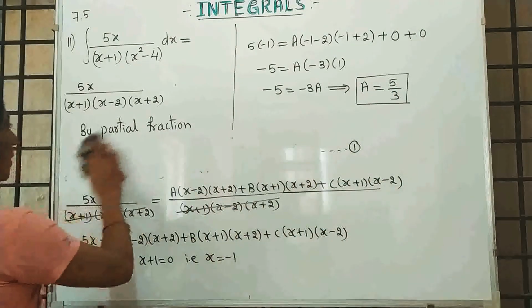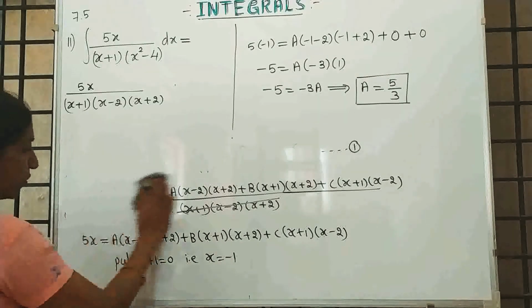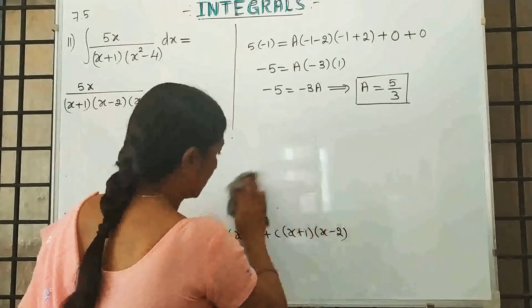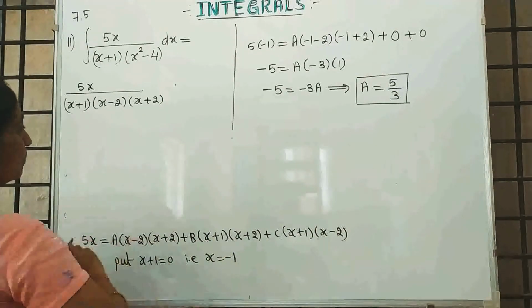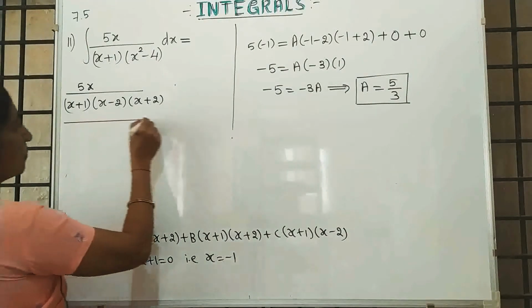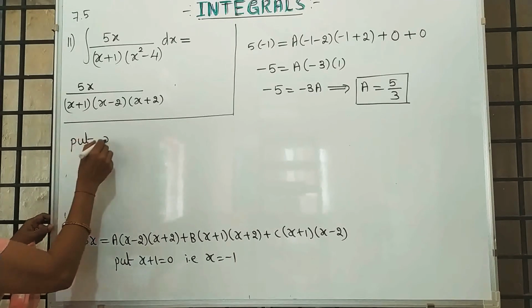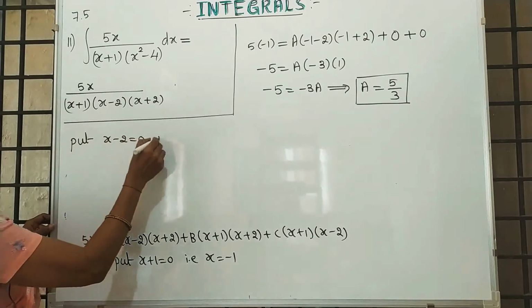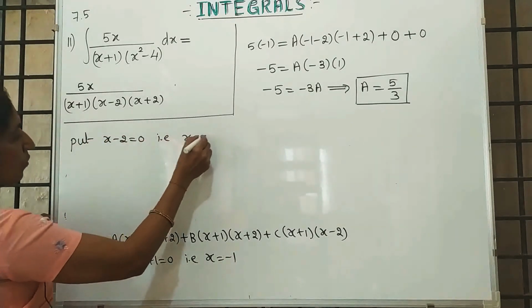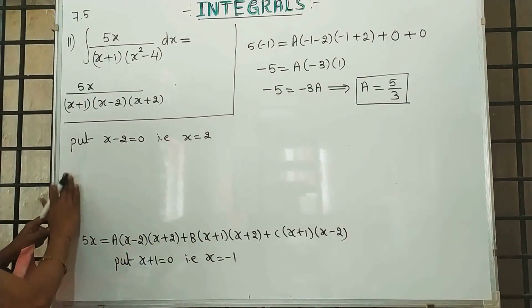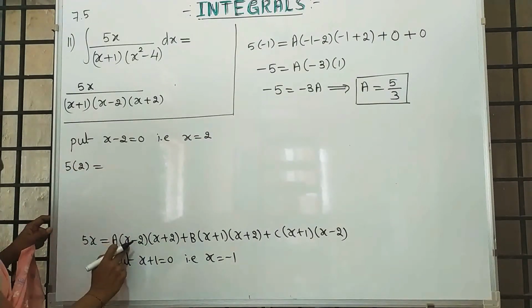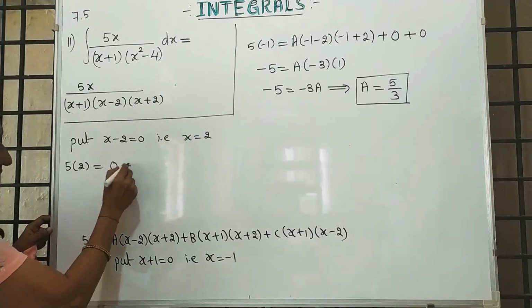Moving to the next one, that is x minus 2. I am taking x minus 2 as 0. Put x minus 2 is equal to 0, that is x is equal to 2. So on the left side it is 5 into 2. On the right side, 2 minus 2 is 0, so A is 0.